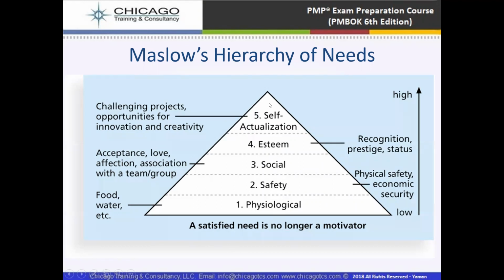And then we have these five levels: physiological, safety, social, esteem, and self-actualization. So on the top side, we can see self-actualization, esteem, social, safety, and physiological needs.